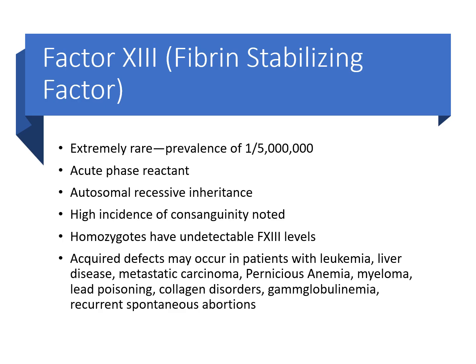Homozygotic patients have undetectable factor 13 levels, and we also have a few cases that could cause an acquired deficiency. So certain types of leukemia, liver disease, metastatic carcinomas, pernicious anemia, myeloma, lead poisoning, collagen disorders, gamma globulinemia, and recurrent spontaneous abortions. All those things are associated with acquired factor 13 deficiencies.